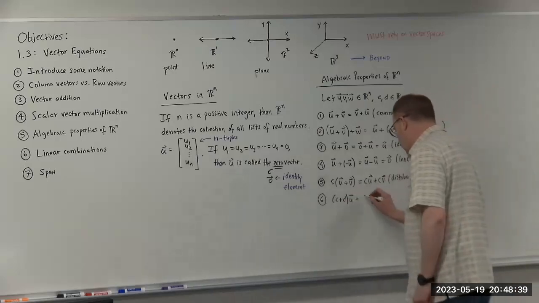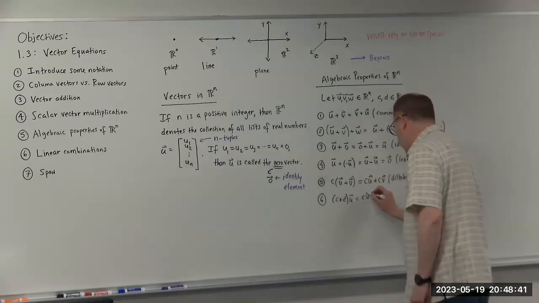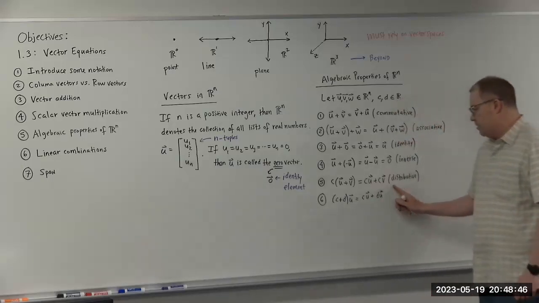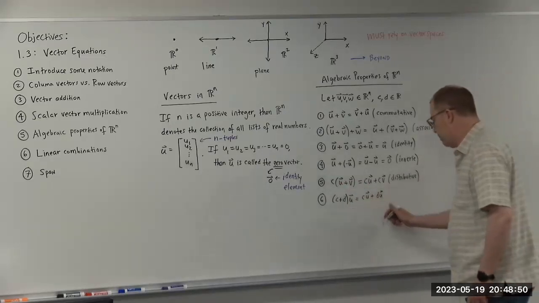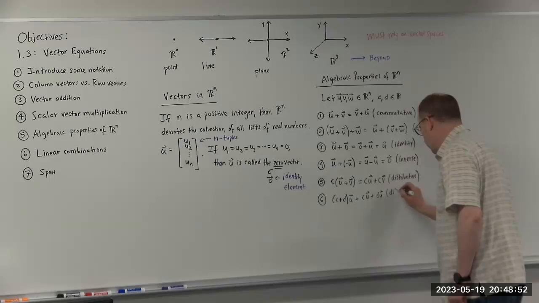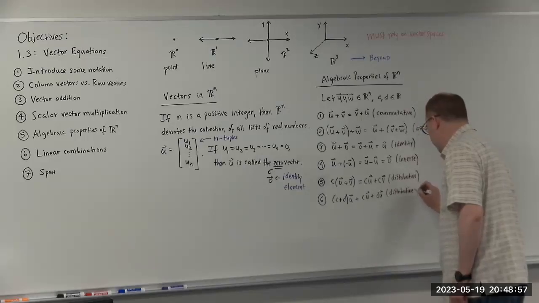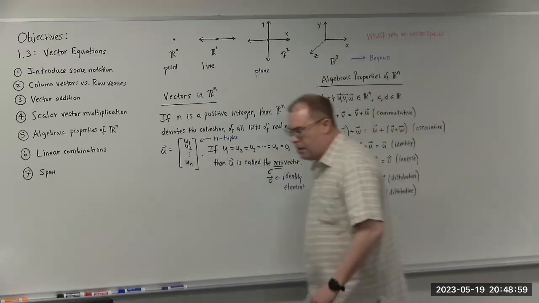So we have c times u plus d times u. This one is distributing a scalar, and the other is distributing a vector. They're both called the distributive property. Same idea.